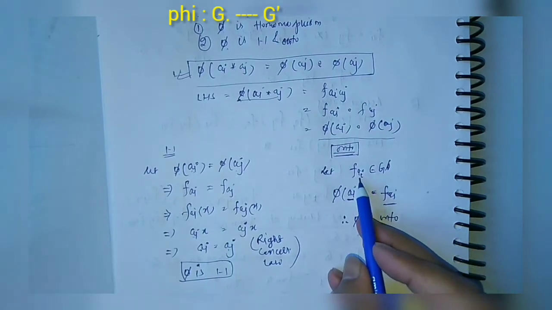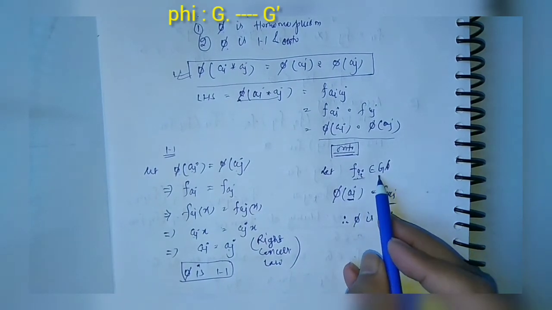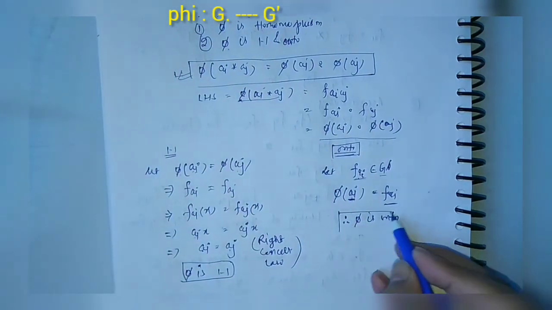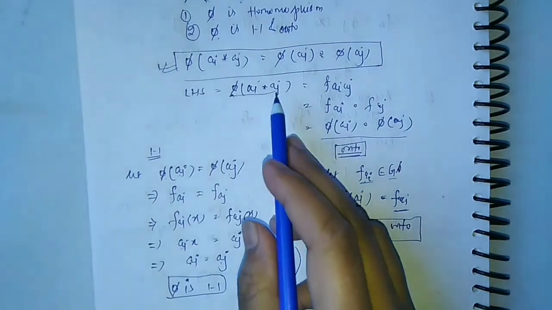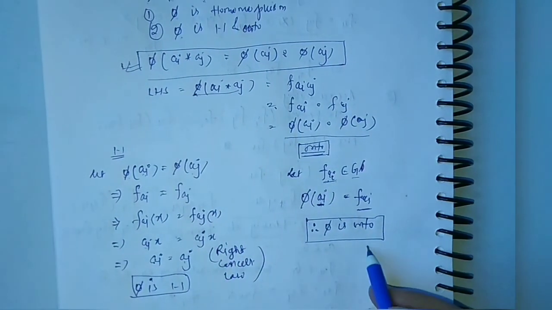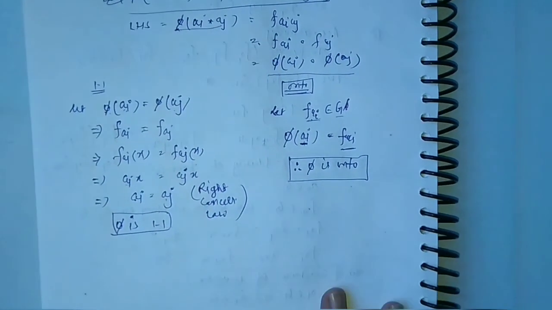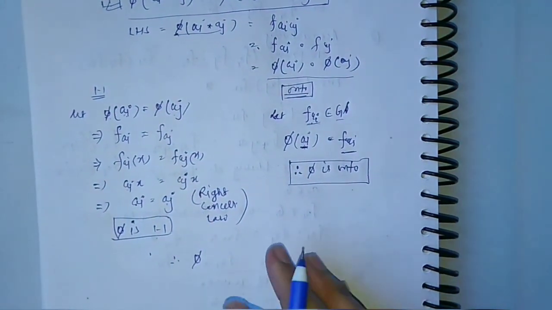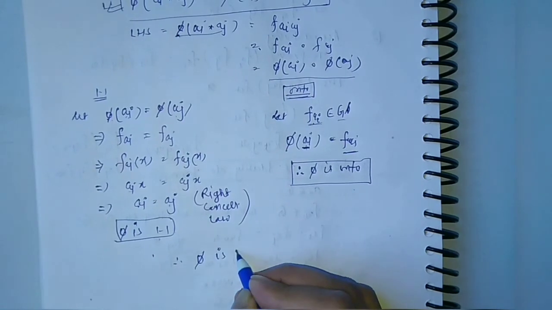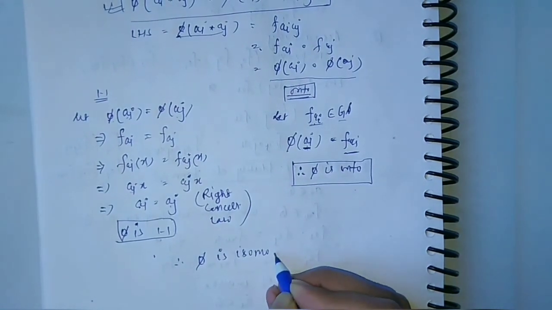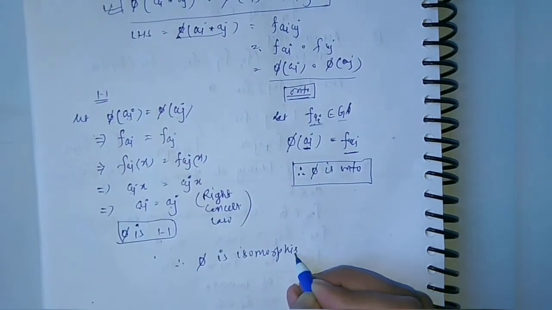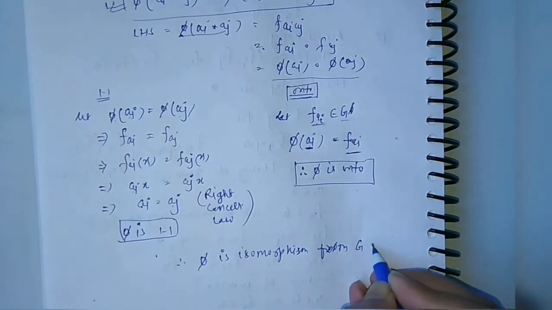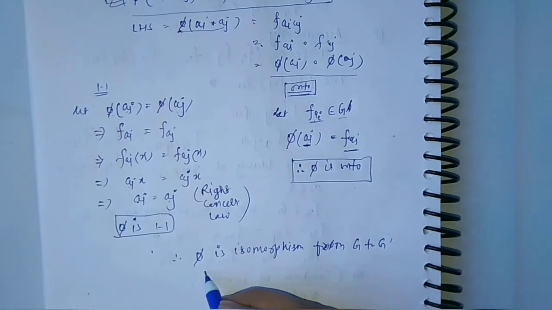We have got the pre-image for any arbitrary element from the codomain in domain G. So this function is onto. So this is a homomorphism, 1-1 and onto. So we can say that phi is the isomorphism from G to G dash.